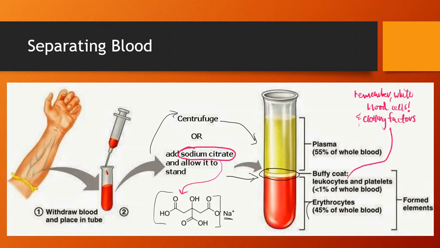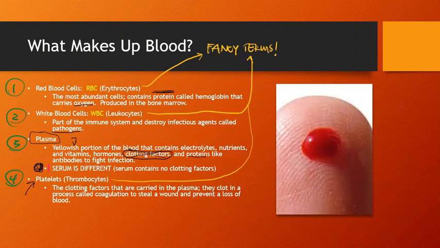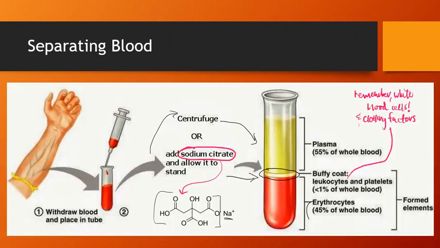So if I go back to this diagram that we started off with, the leukocytes are the white blood cells, and the platelets are the clotting factors that are carried in plasma. So again, I have the opportunity to separate those out if I want to. Less than 1% of whole blood represents those two pieces, so they're not there in a very large amount.